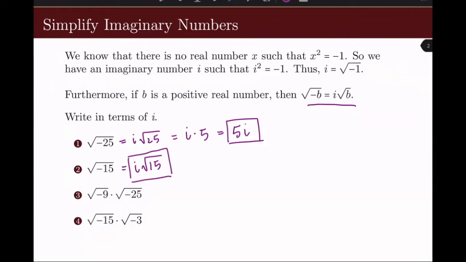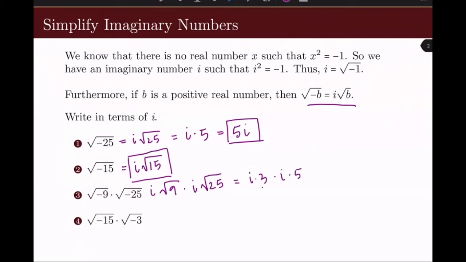Next, the square root of -9 multiplied by the square root of -25. So this is going to be i times the square root of 9 multiplied by i times the square root of 25. 9 and 25 both have square roots. So this is going to be i times 3 multiplied by i times 5.